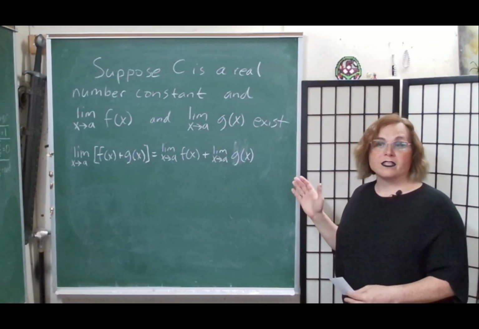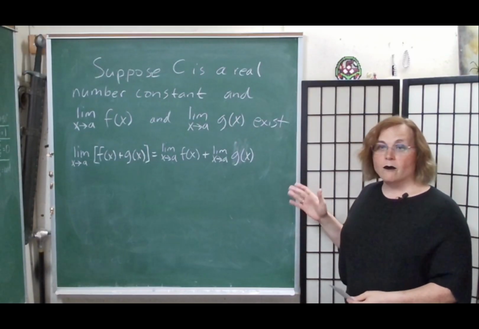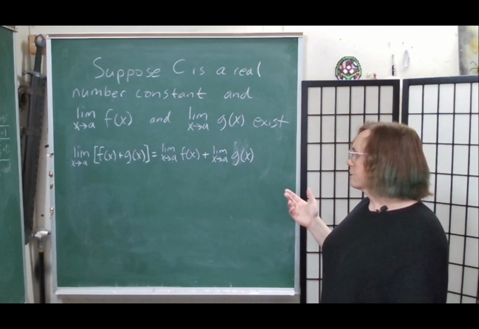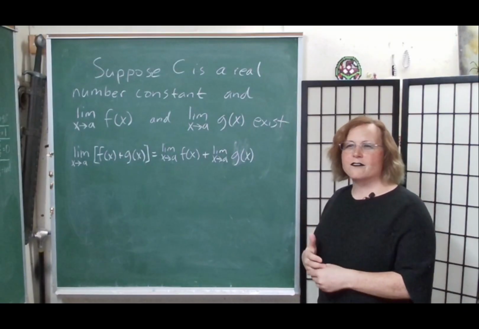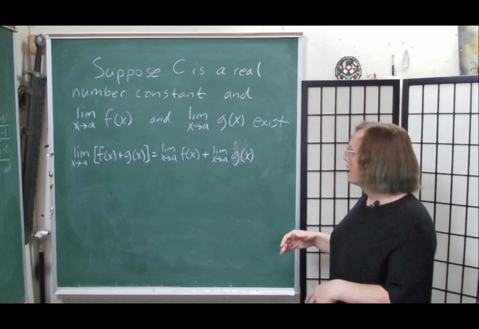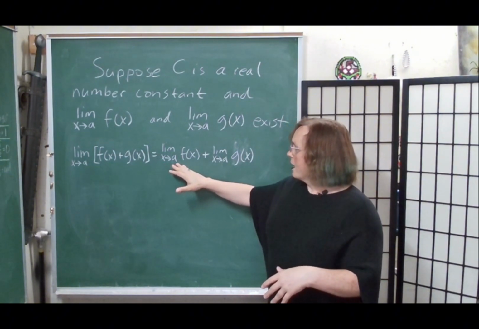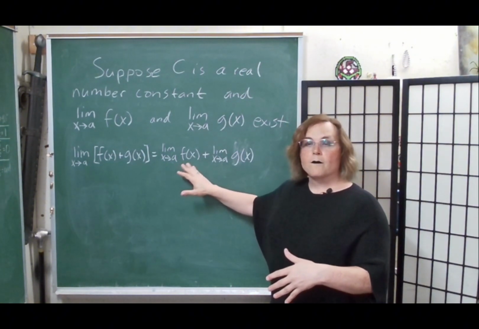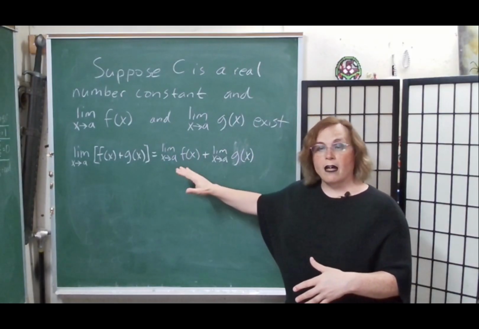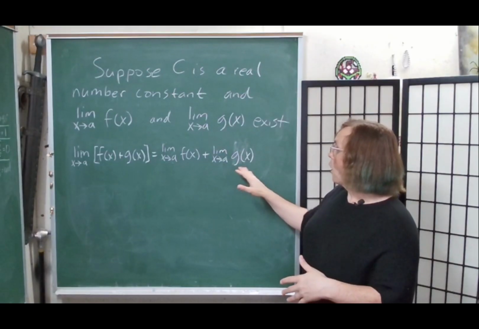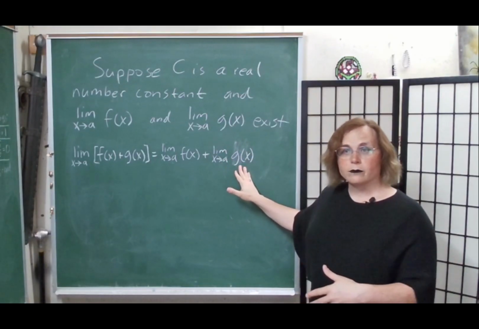We will be proving this later, but for now, just think for a moment that the reason this works is because remember that the limit as x approaches a of f of x approaches a real number value, and the limit as x approaches a of g of x also approaches a real number value.